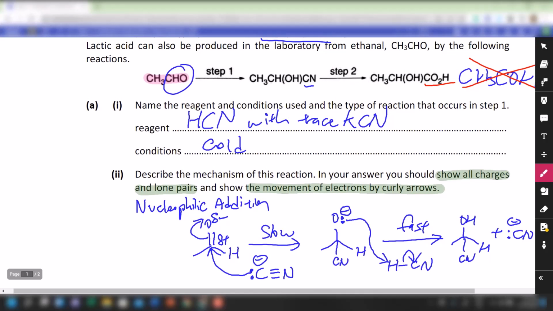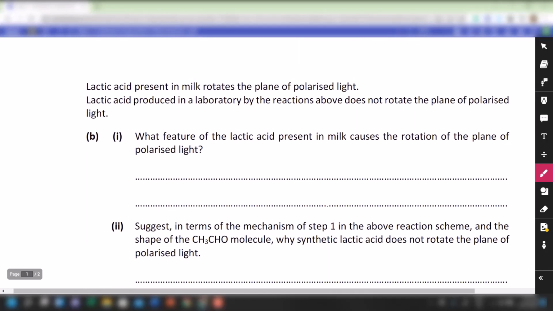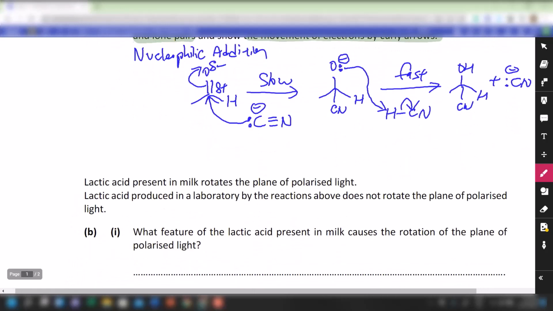That means it has an asymmetrical carbon bonded to 4 different groups. Then why is it that in milk it can rotate plane polarized light, but in the lab it can't? I mean, the lactic acid produced in the lab by the above reaction, by this particular nucleophilic addition, why is it that it can't rotate plane polarized light?